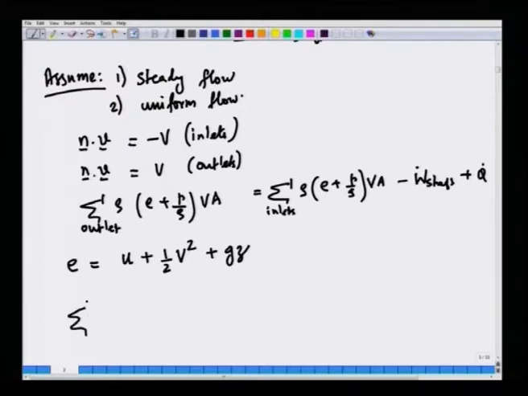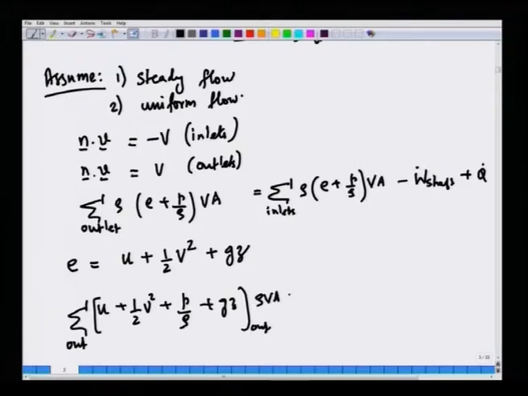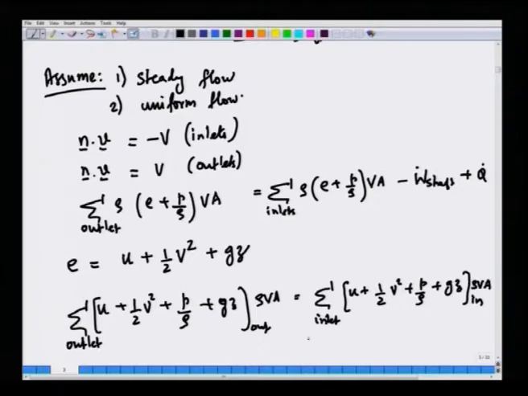So, we will write the summation over outlets of (U plus half V squared plus P by rho plus gZ) times rho V A at outlet, minus the summation over inlets of (U plus half V squared plus P by rho plus gZ) rho V A at inlets, equal to minus W dot shaft plus Q dot.